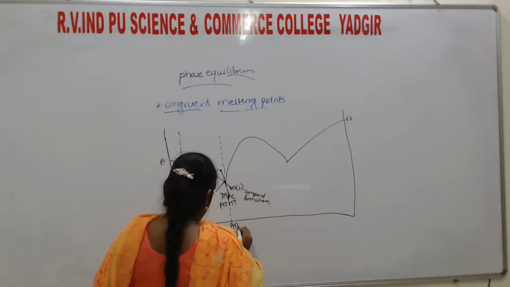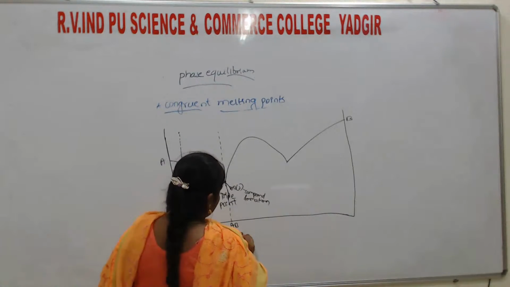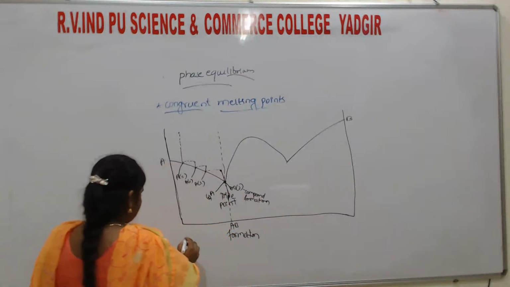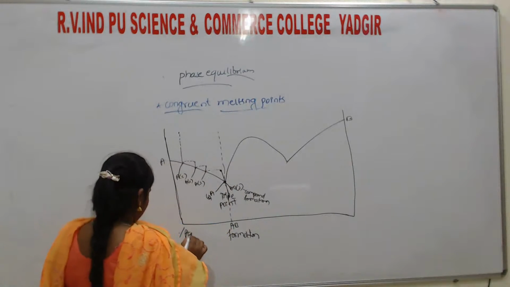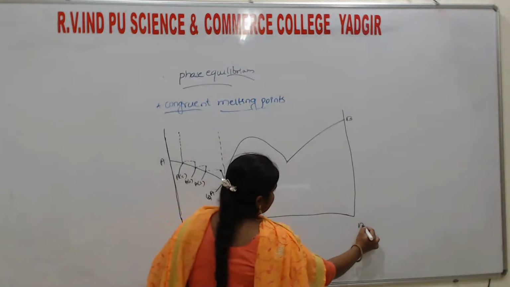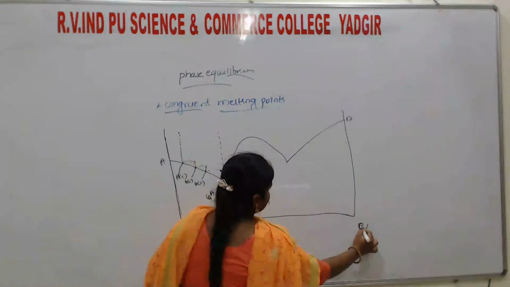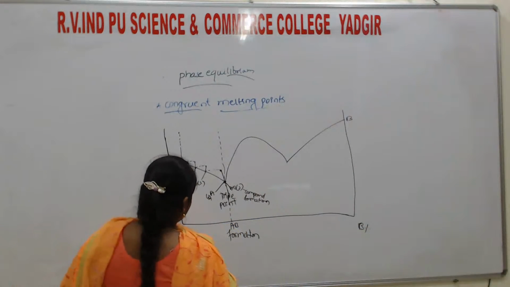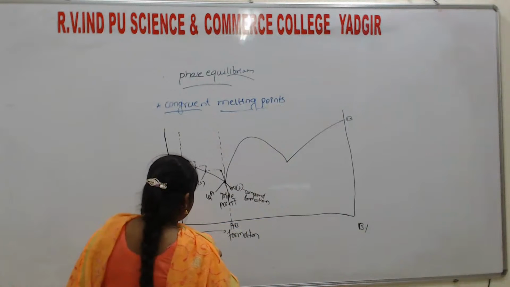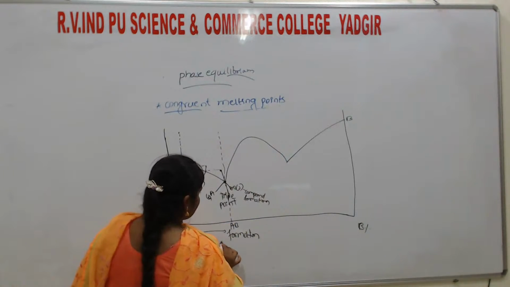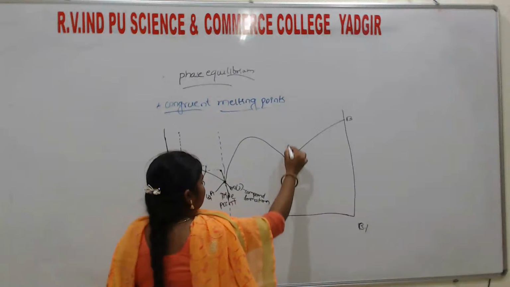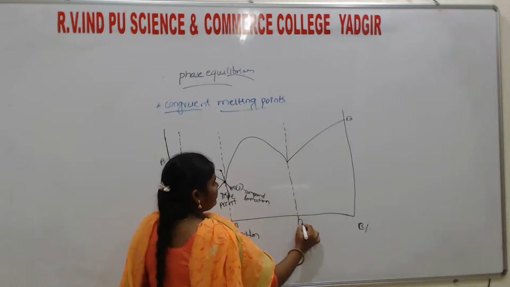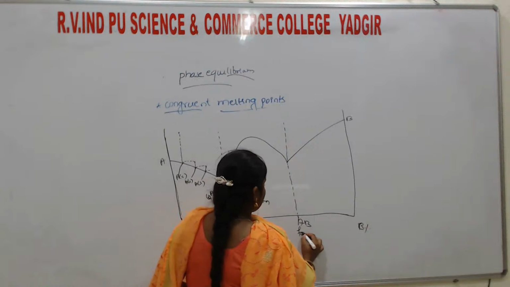At this point AB formation takes place, and up to here this is the A percentage and this is the B percentage. Up to here A is solid. Here AB is formed.